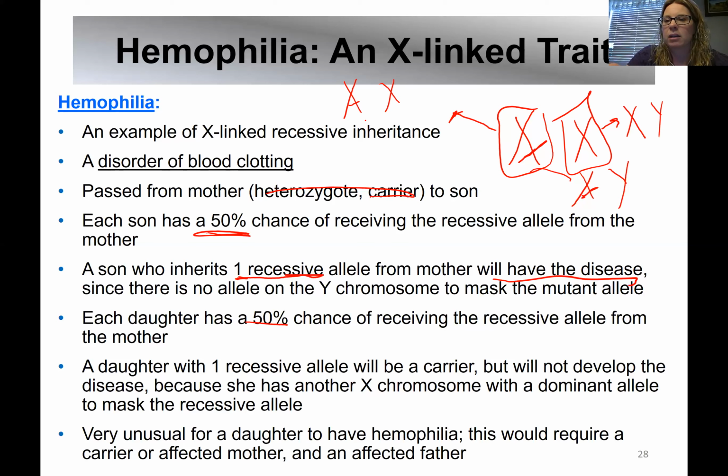If dad does have the disease, she gets the allele from mom and from dad, and she will be affected with hemophilia. But it's usually pretty unusual for a daughter to get hemophilia because you would have to have a carrier or an affected mom and an affected father. So a female needs to have 2 of the alleles. A son would only need to get 1.